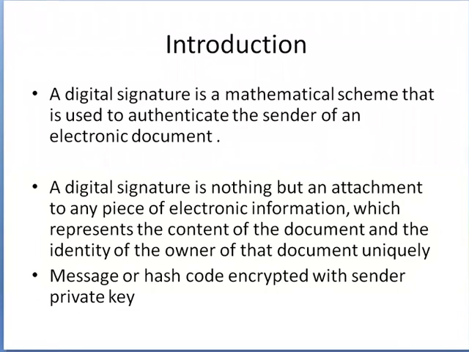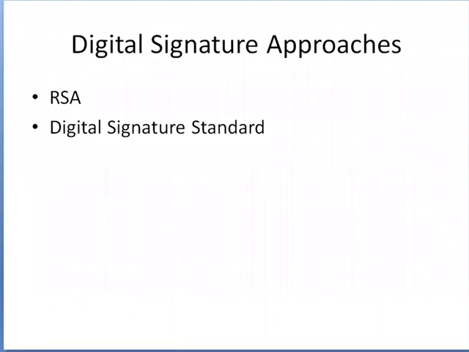There are different things which we saw previously. Let me remind you: there are the symmetric and asymmetric approaches. In symmetric, only one private key is shared between two users when they are communicating with each other.